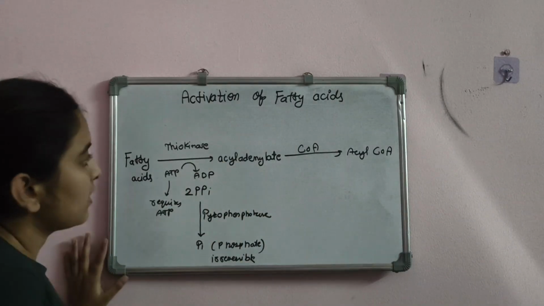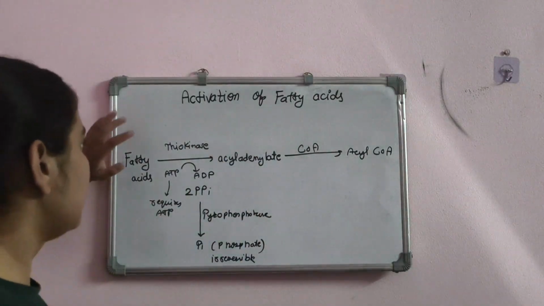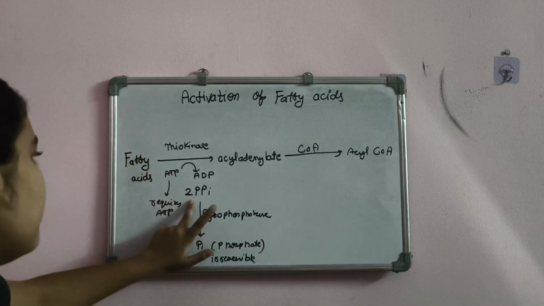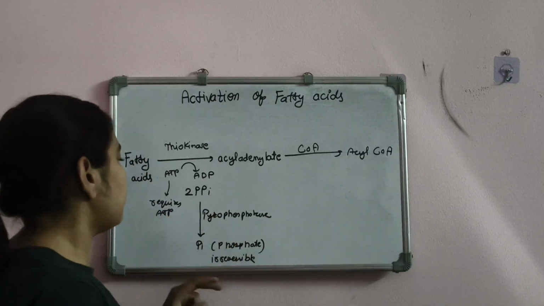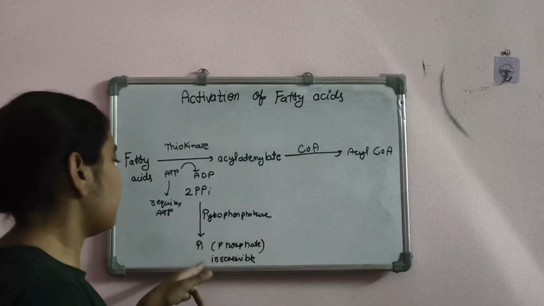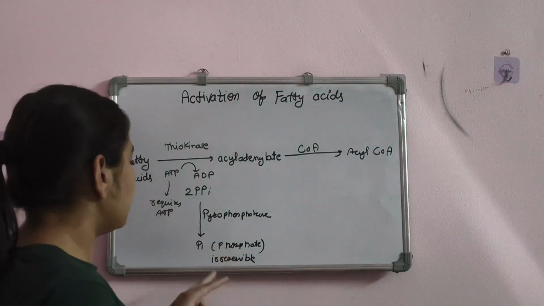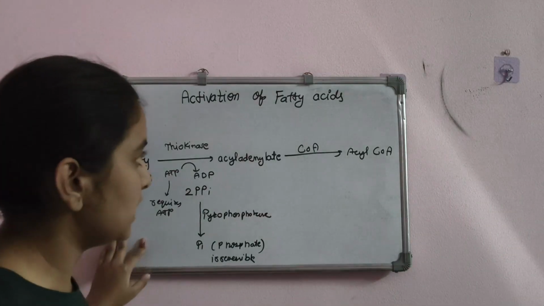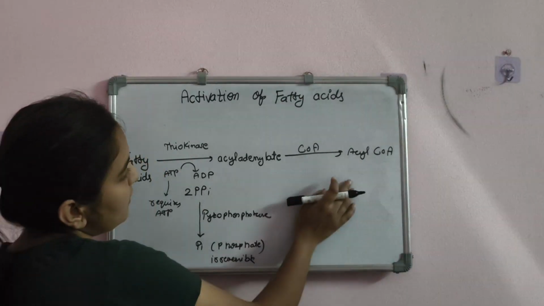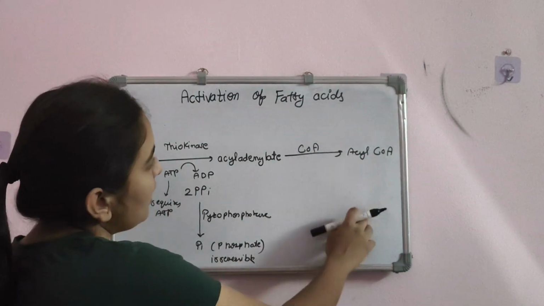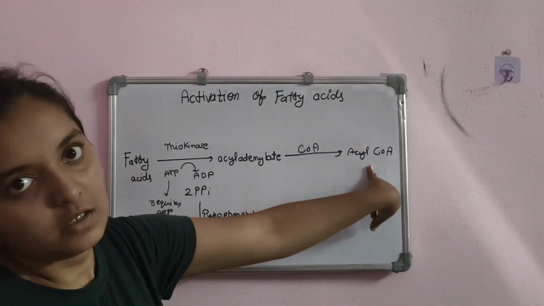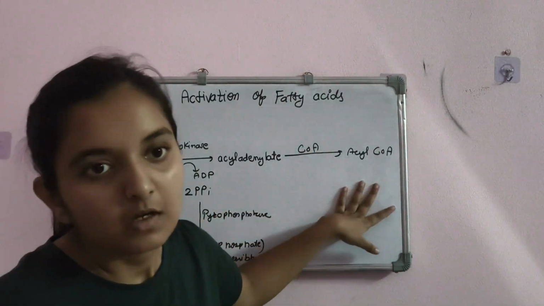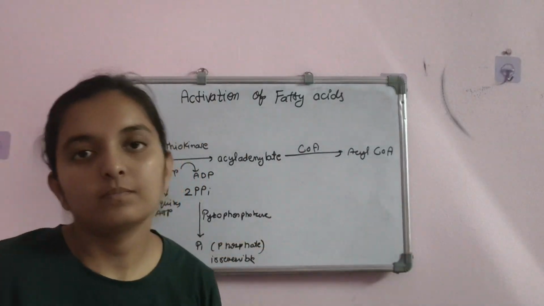First, fatty acid is converted to acyl adenylate with the help of the enzyme thiokinase. Here ATP is used, which forms pyrophosphate, which then with the help of the enzyme phosphatase forms a phosphate, and the formation of phosphate makes the reaction irreversible, and it's the only reaction which requires ATP. And then with the help of coenzyme A it forms acyl CoA. Then it's the acyl CoA which enters into mitochondria, so that we will understand in the next step. So let's move towards the next step.